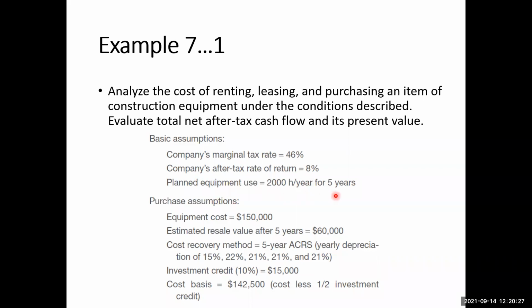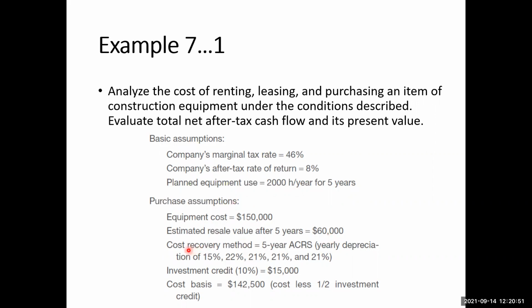So this is what we plan for that equipment. Now, the purchase information: the equipment can be purchased for $150,000. Its resale value after 5 years has been estimated as $60,000.